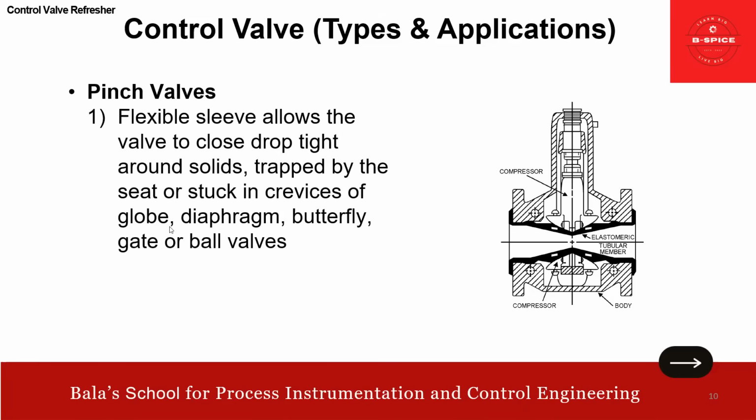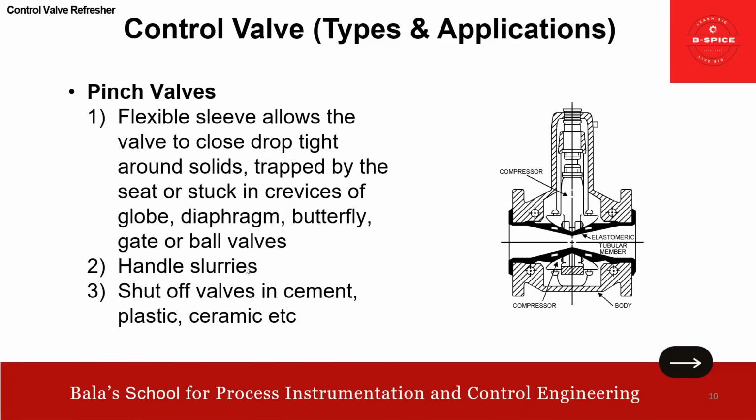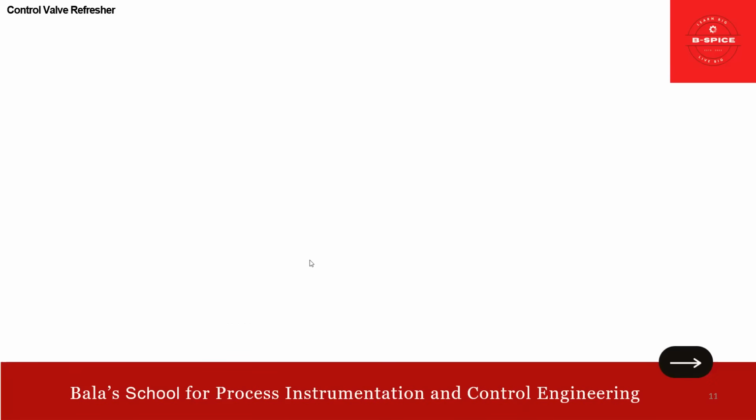Because if you go for a globe or a diaphragm, butterfly, gate, the solids will get trapped, but here that is not there actually. It handles slurries and is used for shut-off, and predominantly used in cement, plastic, and ceramic industries, but not limited to them. So this is about the pinch valve.